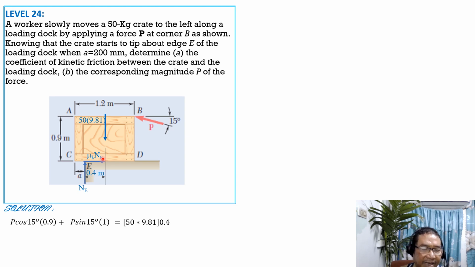So from here, we can solve for P. P is equal to 173.9 newtons. Having found P, we sum up forces horizontal to solve for mu sub K. But before that, let's solve for N sub E. Summation forces normal equals 0.